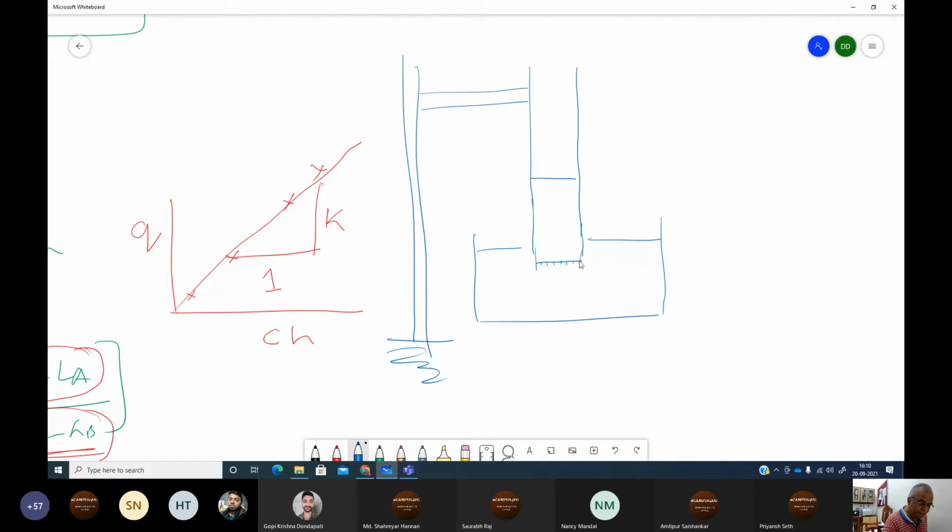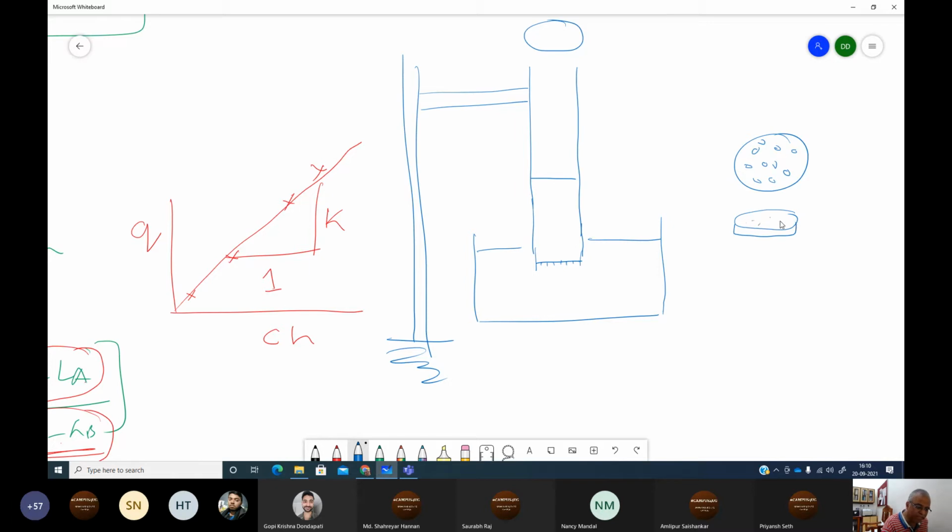This is cylindrical. Now we put a perforated cap, it's like this, and there are a lot of holes here. So this is put there. Then we put what we call a porous stone, of certain thickness, very porous.